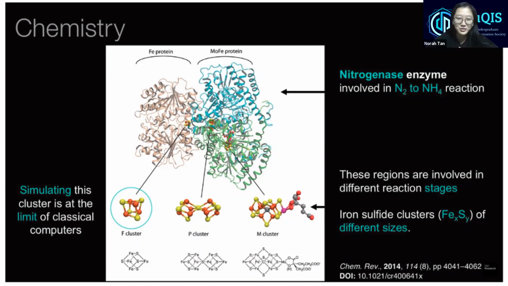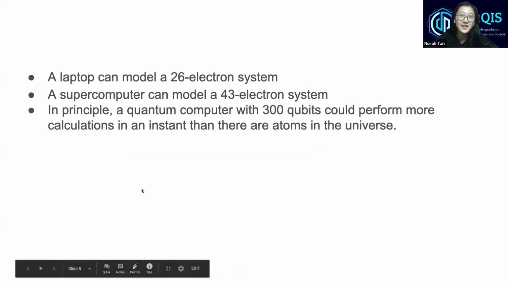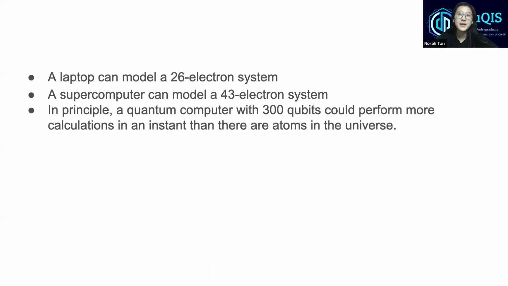For now, you just need to know that it requires tons of classical computations on a classical computer, so it couldn't afford it. And we'll show you some stats here. A laptop can model a 26 electron system, and a supercomputer can model a 43 electron system.